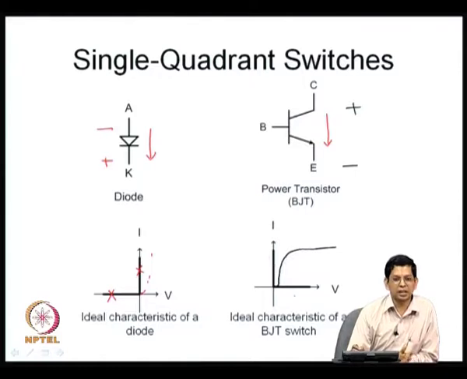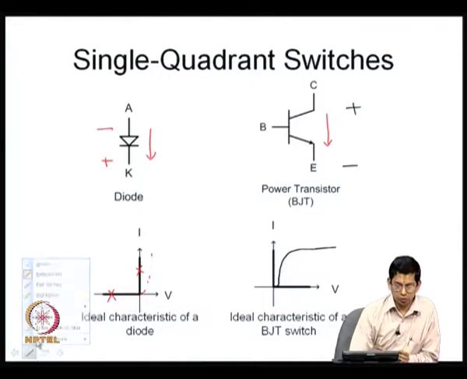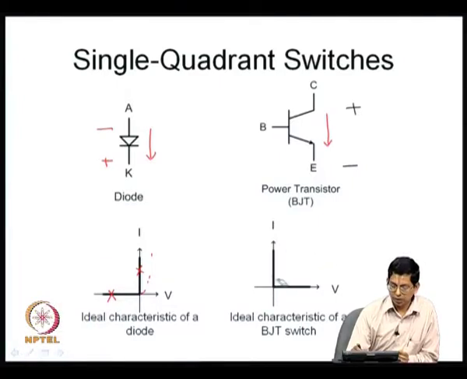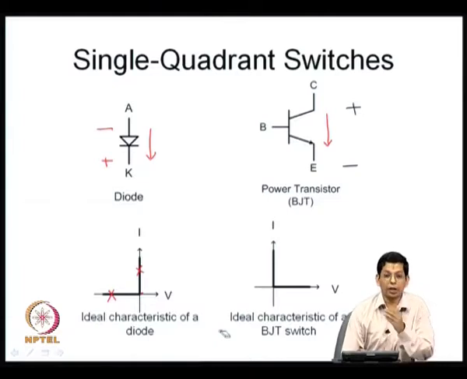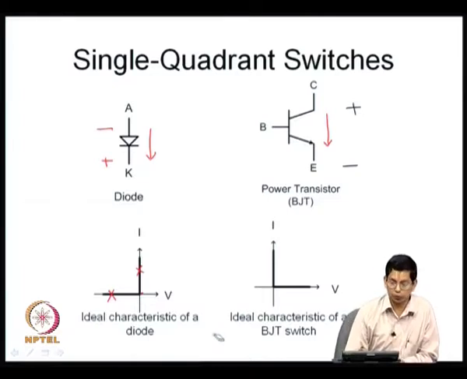That is the idealized characteristic that I had originally shown. Let me erase this. We can regard these switches to be ideal for many of our purposes, till we reach a stage when we start worrying about the losses in the devices and so on. So, these are single quadrant switches.